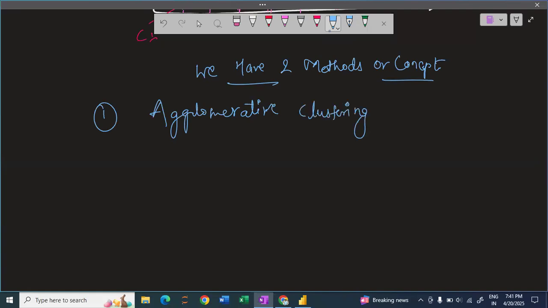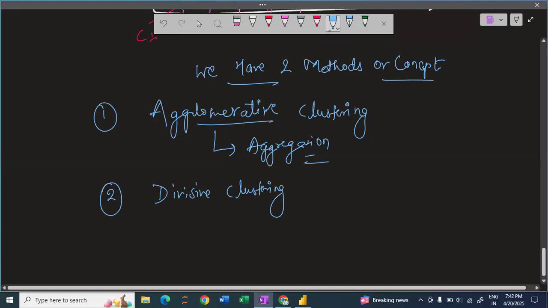In hierarchy clustering, basically we have two methods. The first one is agglomerative clustering. So agglomerative means aggregation. When we are working on continuous data or some kind of very messy data, then we apply agglomerative clustering, and the other one is divisive clustering. And they are following the same concept of dendrogram.